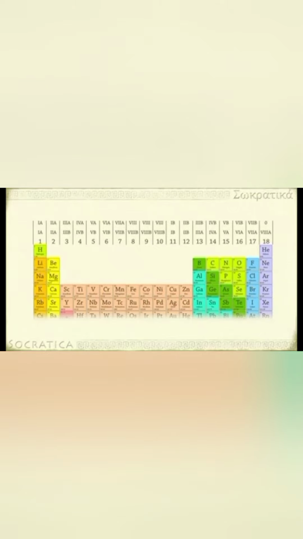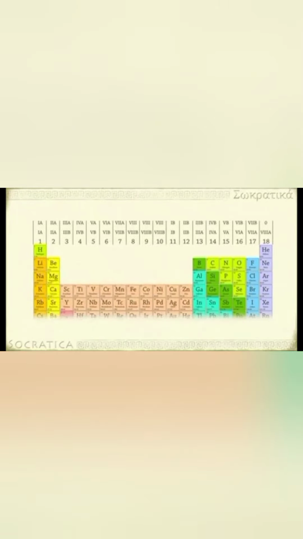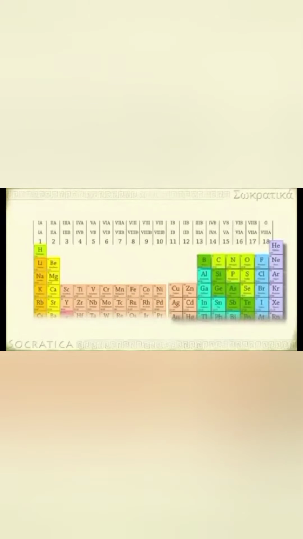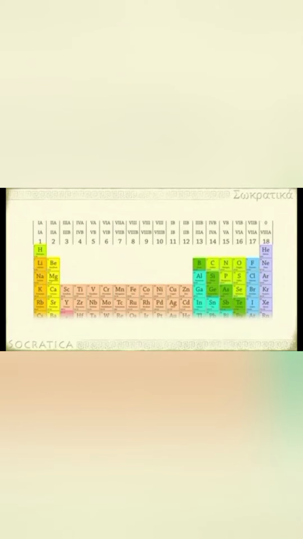In North America, the A groups were the s and p blocks, known as the representative elements, and the B groups were the d block, the transition metals. Meanwhile, in Europe, the A groups were on the left and the B groups were on the right. And in both systems, there was one triple-sized group called Roman numeral 8. To eliminate all this confusion, the International Union of Pure and Applied Chemistry, IUPAC, proposed a system that numbers the groups 1 through 18.